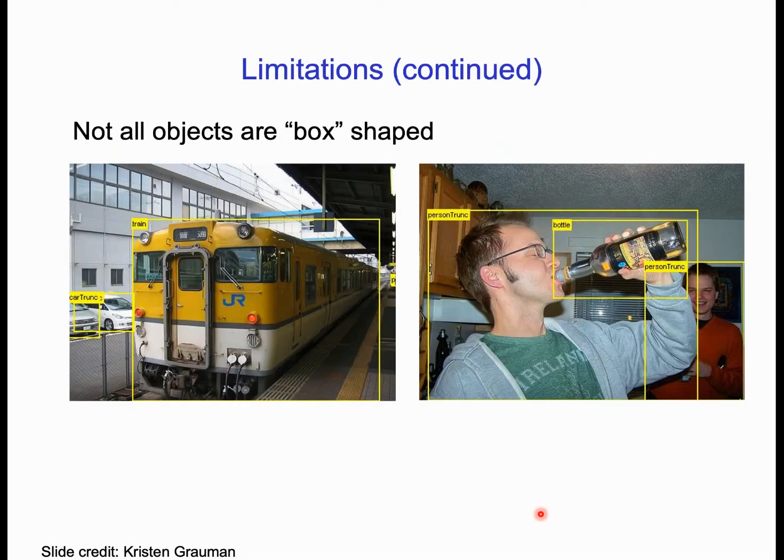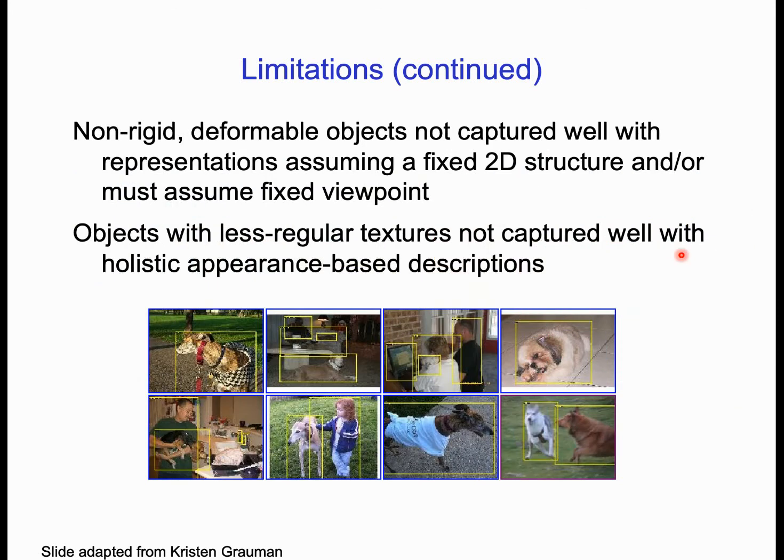Some limitations: we are well aware that while faces look like box-shaped patches in the images, most objects are not box-shaped. If I look at the train, for example, the geometry doesn't fit in a box. If I look at a human body instead of a face, obviously different parts with different deformations don't look like a box at all.